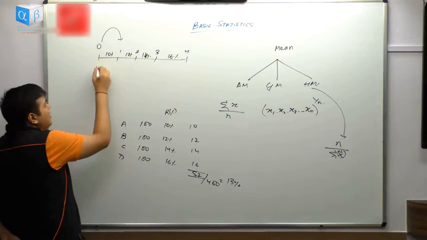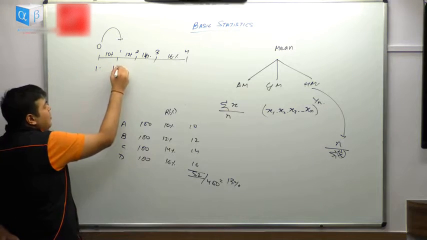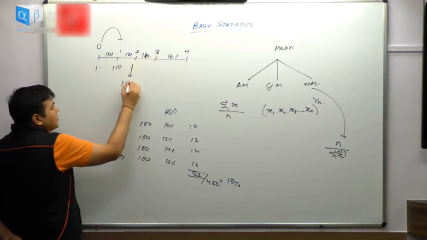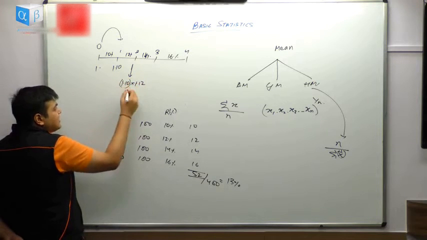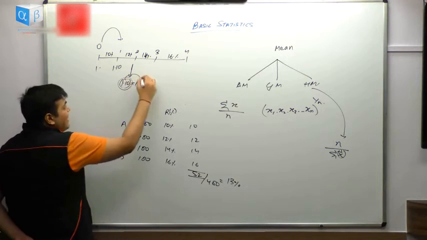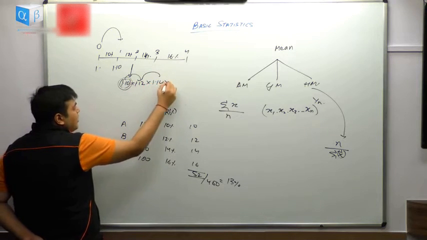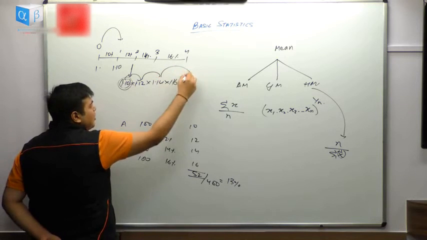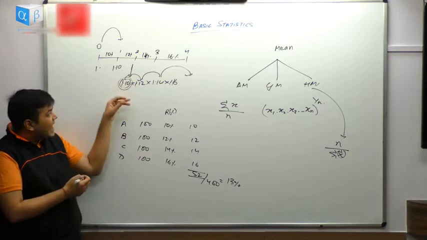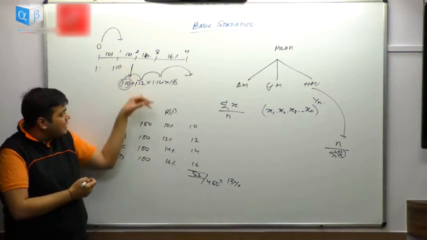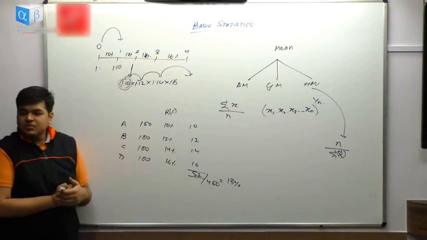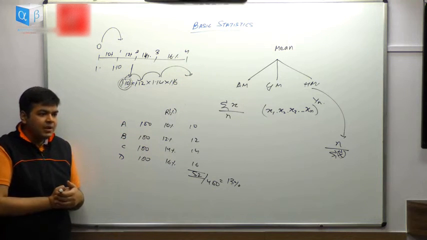If I invest $1 over here, that becomes 1.10, that becomes 1.10 into 1.12, because this amount is now invested and you're generating 12% on that. That becomes into 1.14 into 1.16 by the end of the 4th year. Because you invested 1, that becomes 1.1 times. Now that becomes 1.12 times. Now that becomes 1.14 times. Now that becomes 1.16 times. Is that fine? Is that correct, everybody?